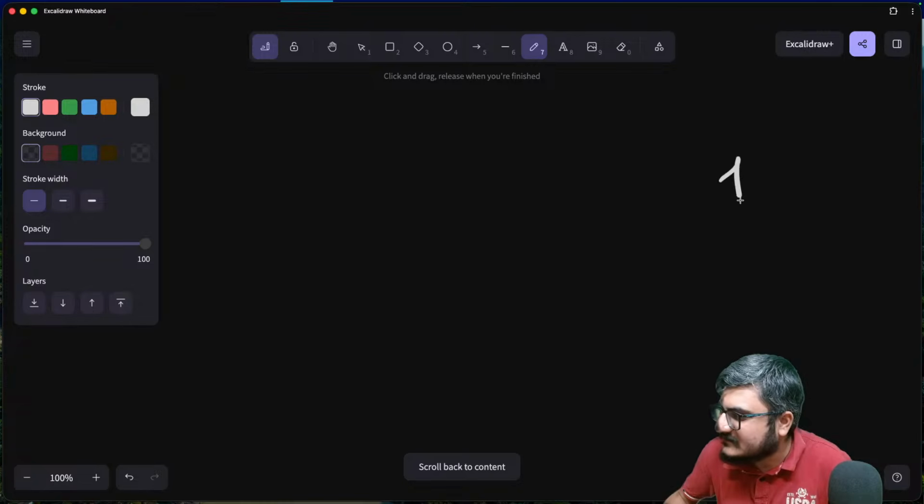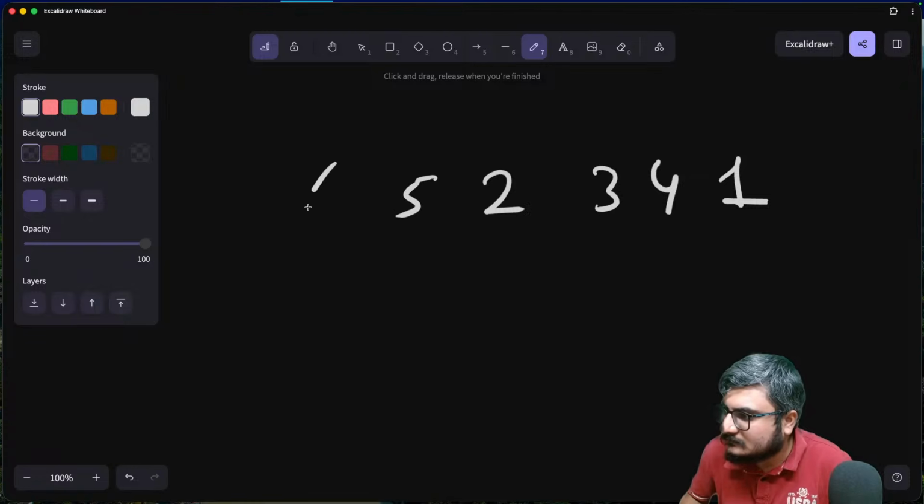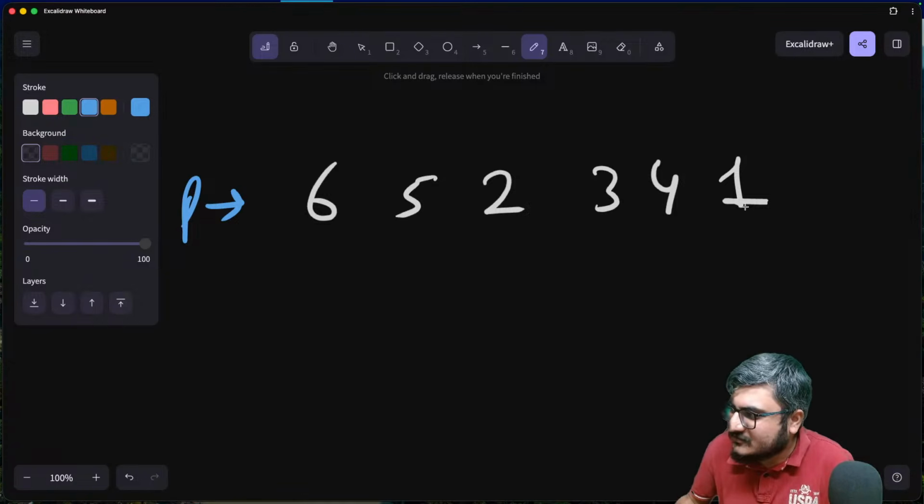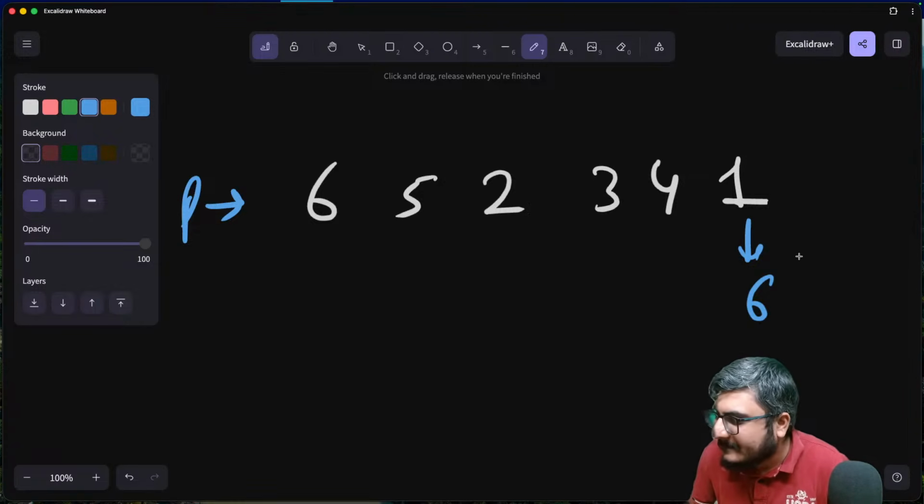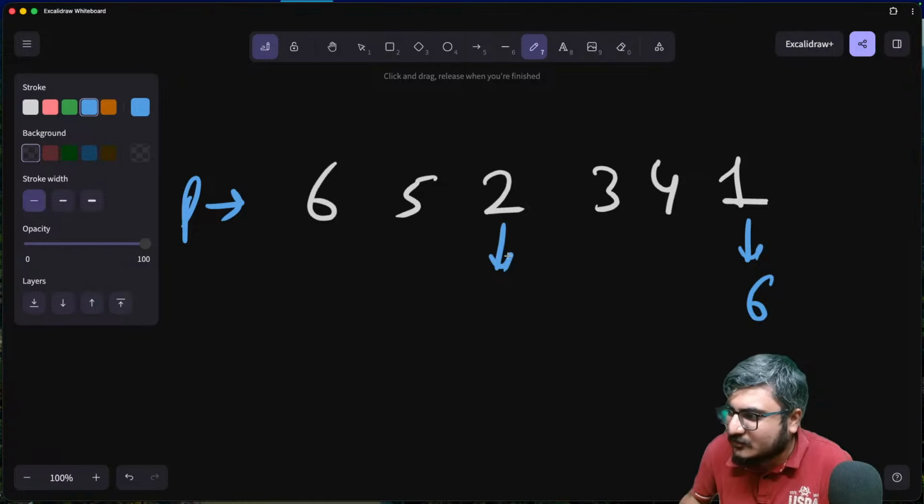Let's say my array is like this. The number of times 1 exists is 6 times. Any subarray that starts from here would contain the position of 1. But the number of places where 2 is maximum: 3 on this side, 3 on this side, 9.